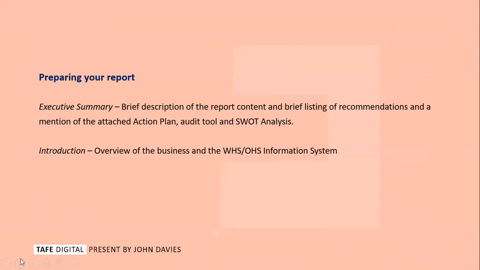Introduction should present the background information, e.g., overview of the business and its systems. It may explain certain elements that are important, e.g., WHS legislation, compliance requirements, and any industry-based information to support the report.